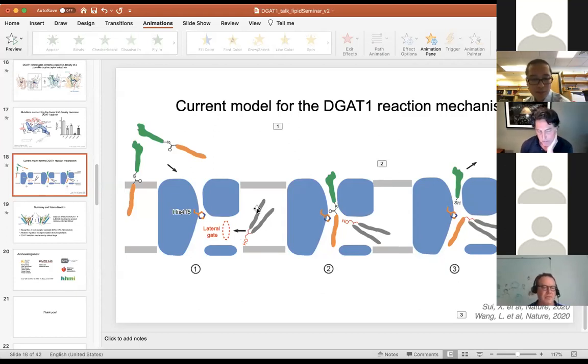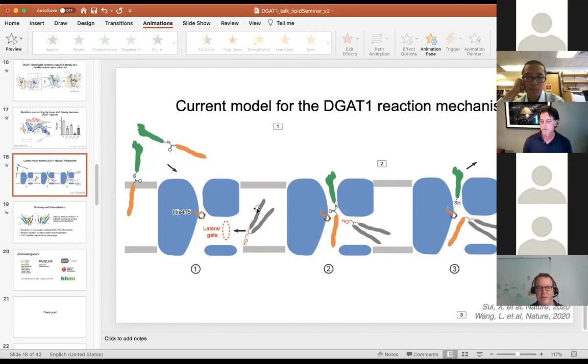I would just make one comment there that that's a model. There is another potential way DAG could get into that pocket if it was oriented with the OH towards the bilayer, towards the head groups. So it remains to be determined. We've only seen one snapshot, so this doesn't even suggest that it's only coming from one leaflet.